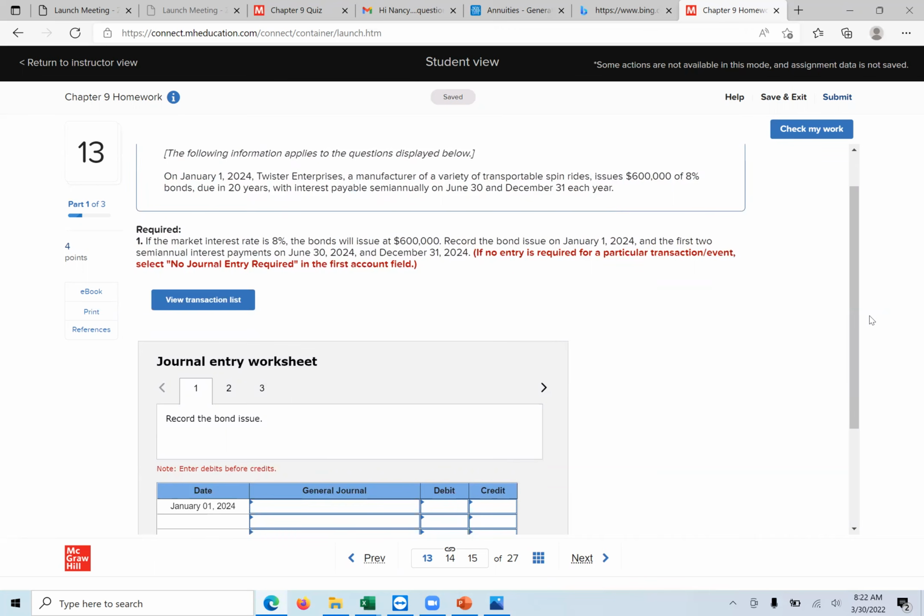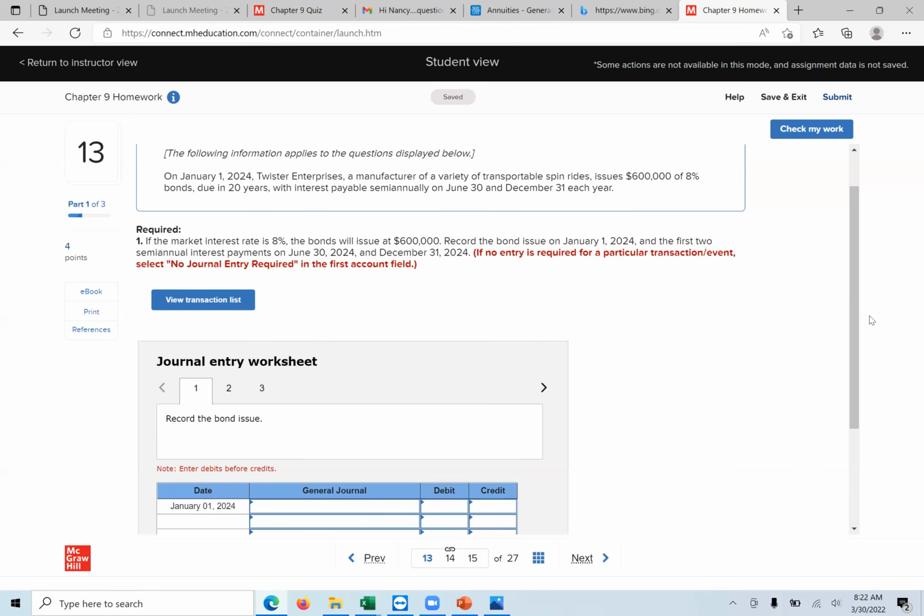So one thing we know, 600,000 is the face amount. 8% bonds is the stated rate. The payment amount will be 600,000 times 8% times half a year, or 600,000 times 4%, which would be $24,000. If the market interest rate is 8%, the bonds will issue at 600,000.